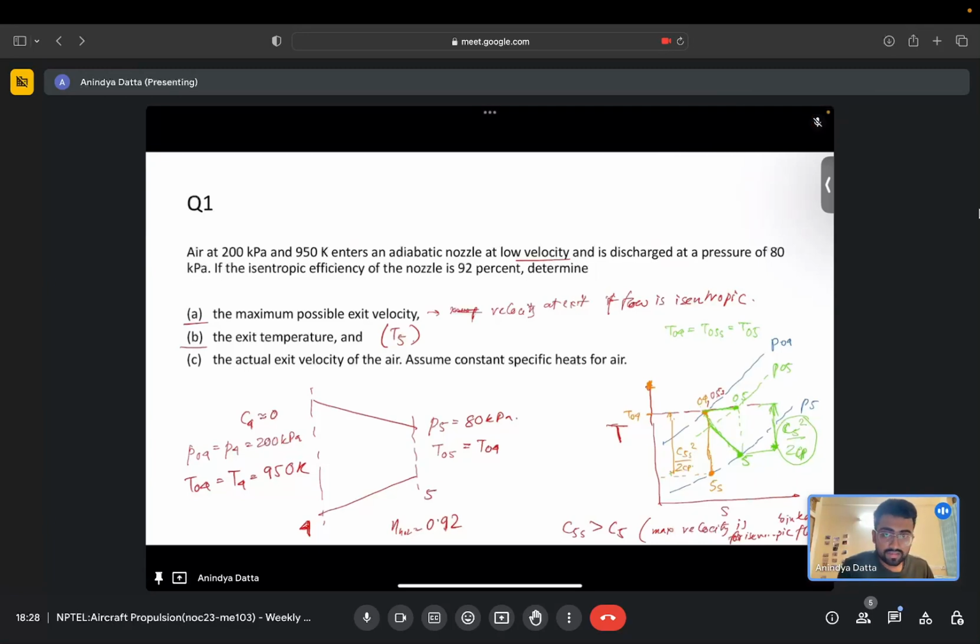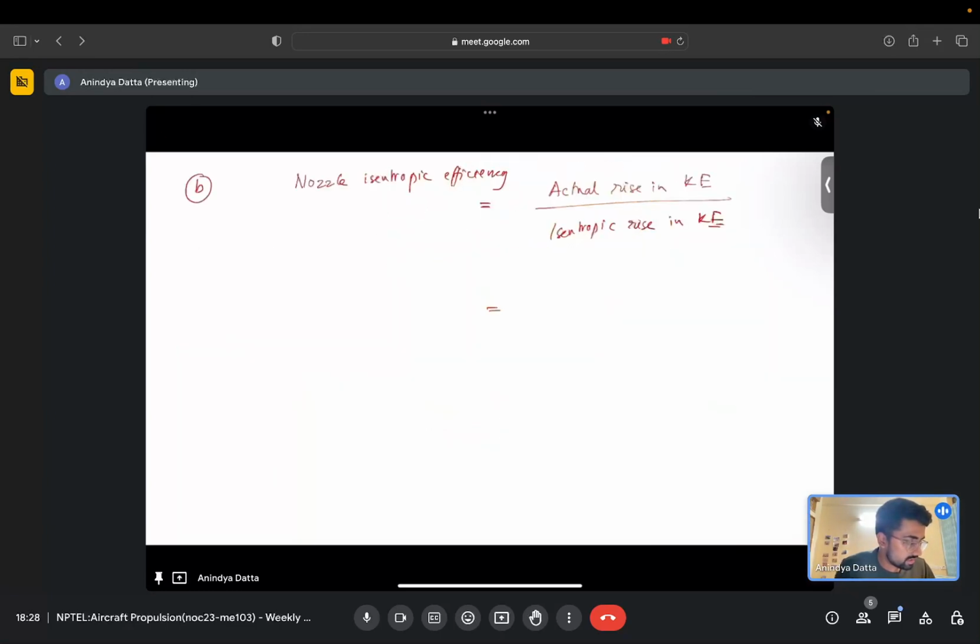What is our actual rise in kinetic energy? The actual rise is C5 square by 2, and the isentropic rise is C5s square by 2.